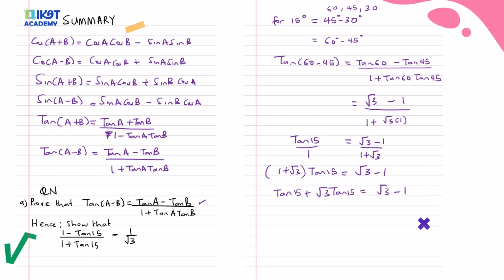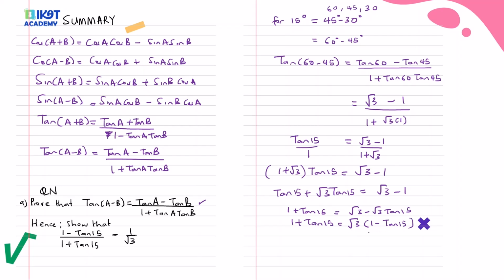So now I take root 3 where root 3 is. So I have 1 plus tan 15 is equal to, this goes this side, root 3 minus root 3 tan 15. So 1 plus tan 15 would be equal to, I factorize out root 3, 1 minus tan 15.